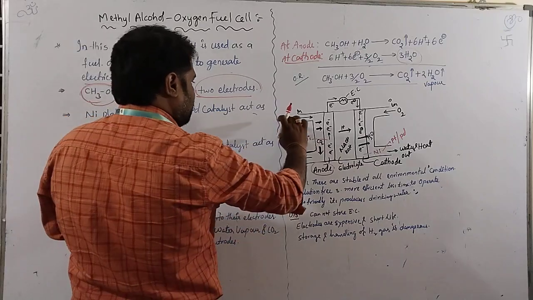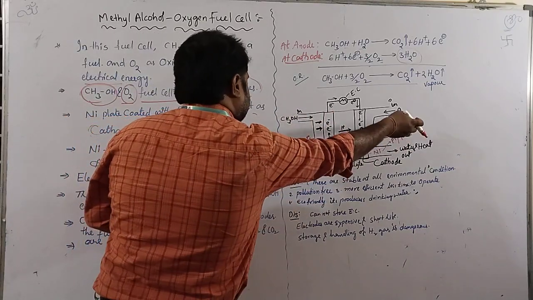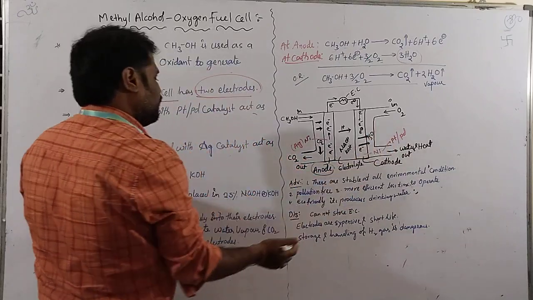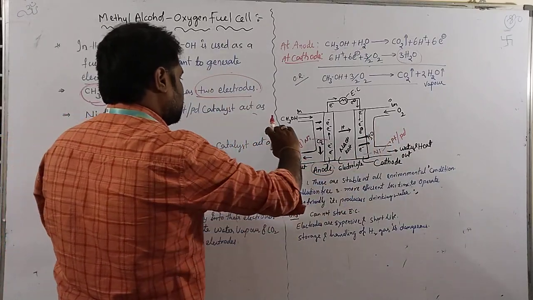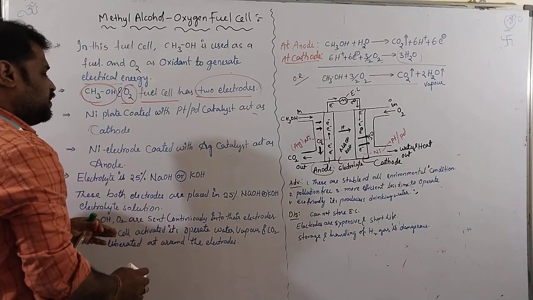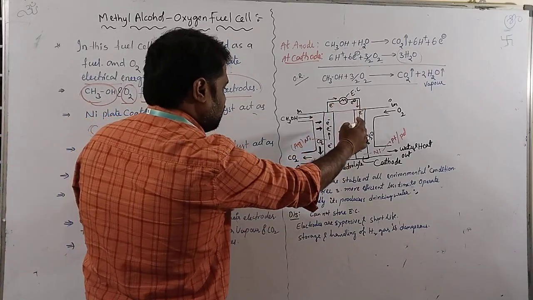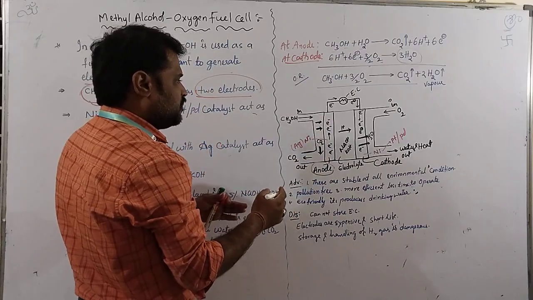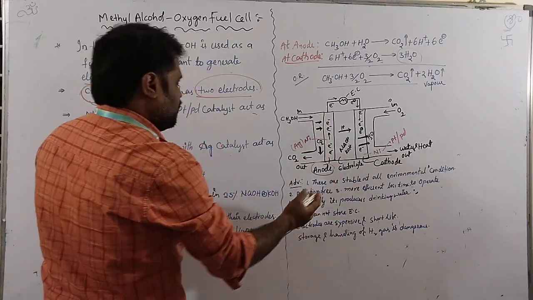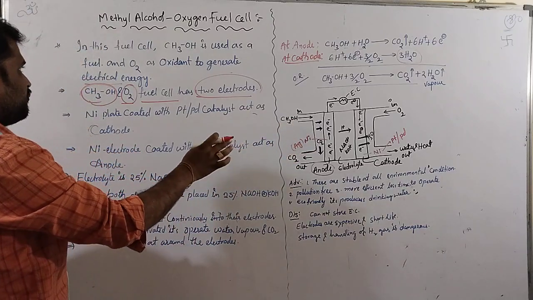Methyl alcohol is passed on the anode side and oxygen on the cathode side. Electrons form and are transferred, so chemical energy is converted to electrical energy. That is the mechanism in the construction of the fuel cell.